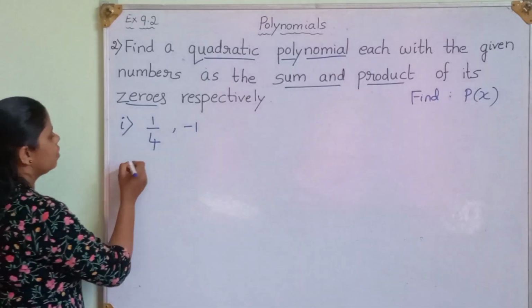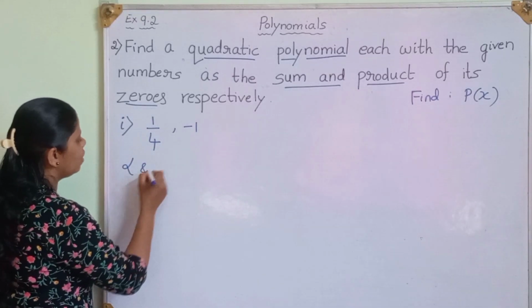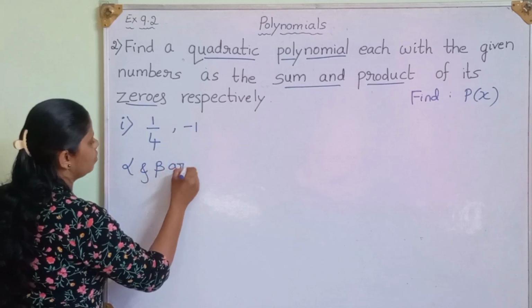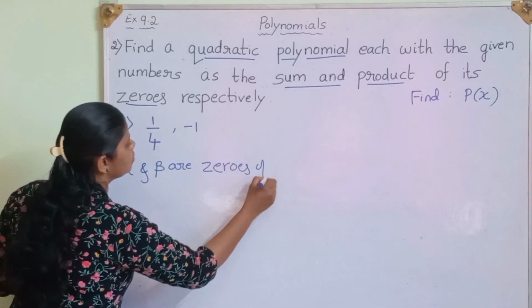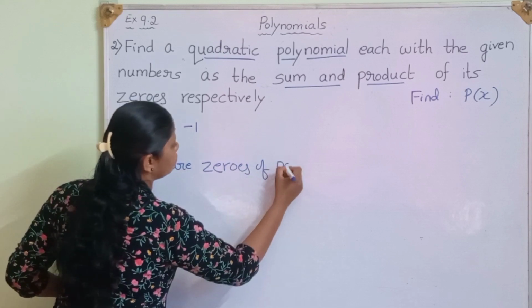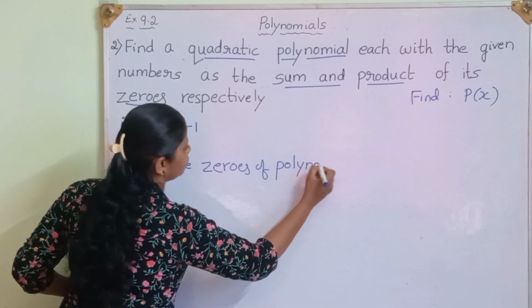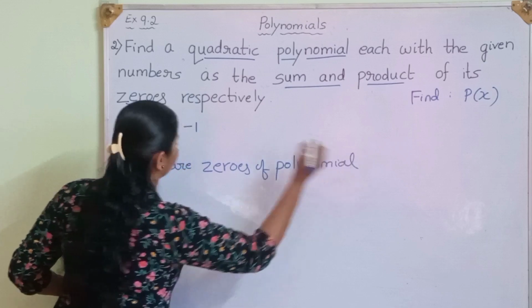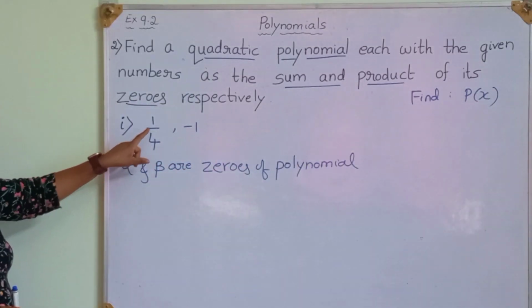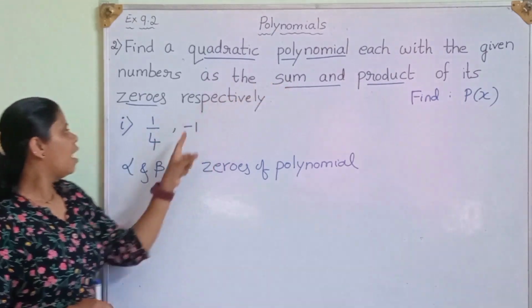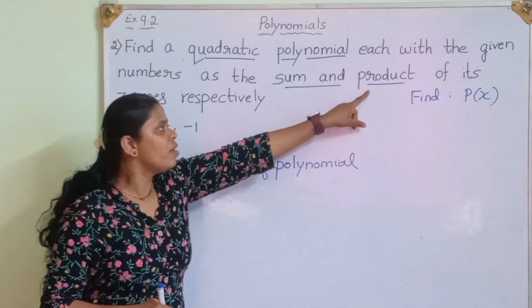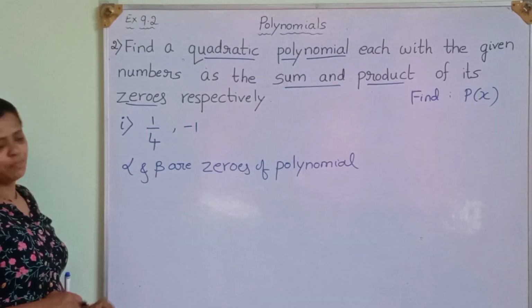Means what? Alpha and beta are zeros of the polynomial. Right? And they have given 1 by 4 is the sum and minus 1 is the product of zeros respectively.